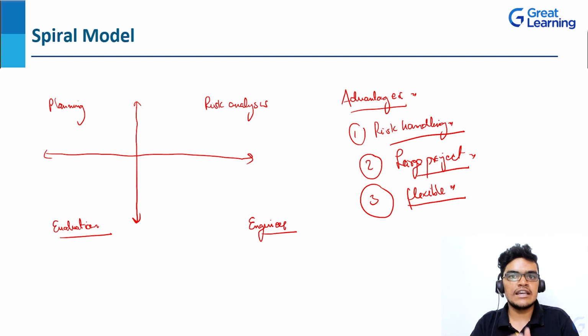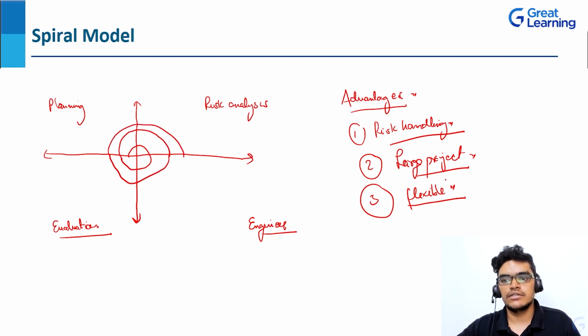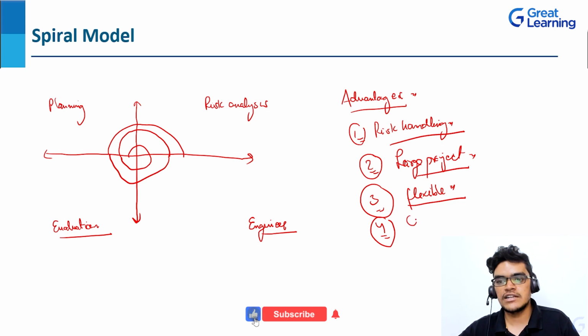Let's suppose that in between the phases there is any change in the requirement or some modification that has to be done. This model can follow the iteration, and then we can modify the developed software. Coming to the fourth point, customer satisfaction.